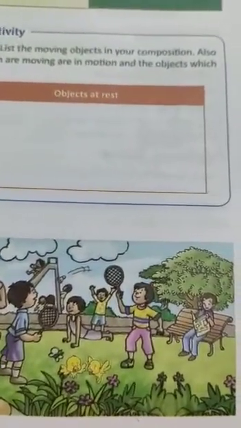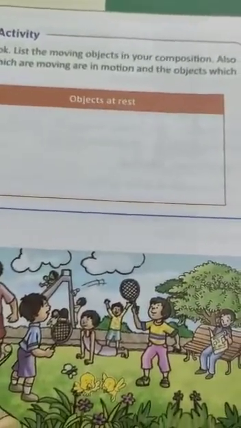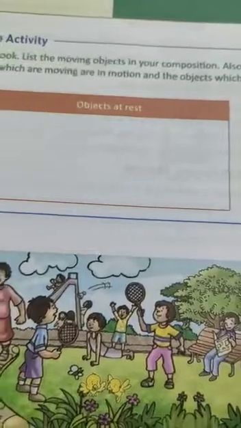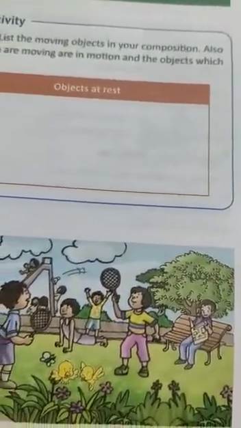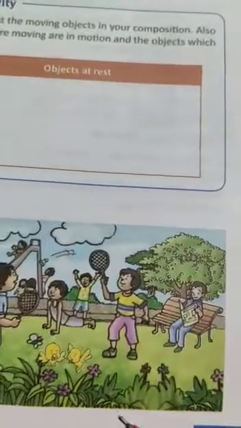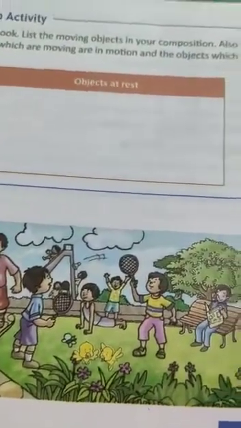So some of these examples are examples of motion, right children? So what is motion? When the position of a body with respect to its surrounding changes with time, the body is said to be in motion.